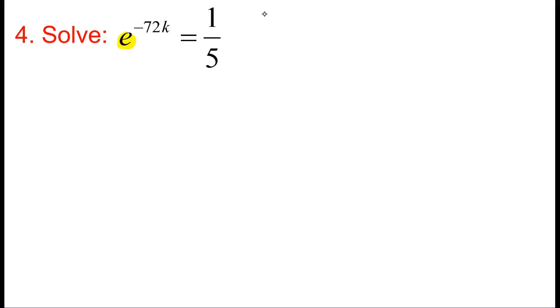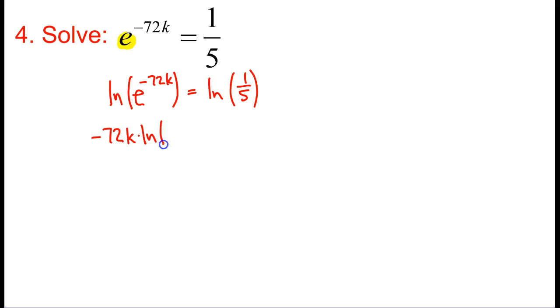Well, neither the left nor the right-hand side can be written in terms of a common base. So I'm going to go ahead and take the natural log of both sides. So I have the natural log of e to the negative 72k, and then I can rewrite that as negative 72k times the natural log of e, equals, well, 1/5 is 5 to the negative 1 power.